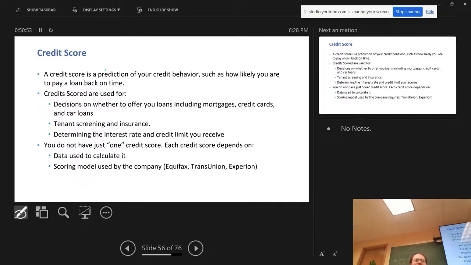They range from, I've seen 300 to 900 for credit scores. 3 companies come up with them: Equifax, TransUnion, Experian. And they basically just say, yeah, you borrow money, and this is how good we think you are at paying it back.